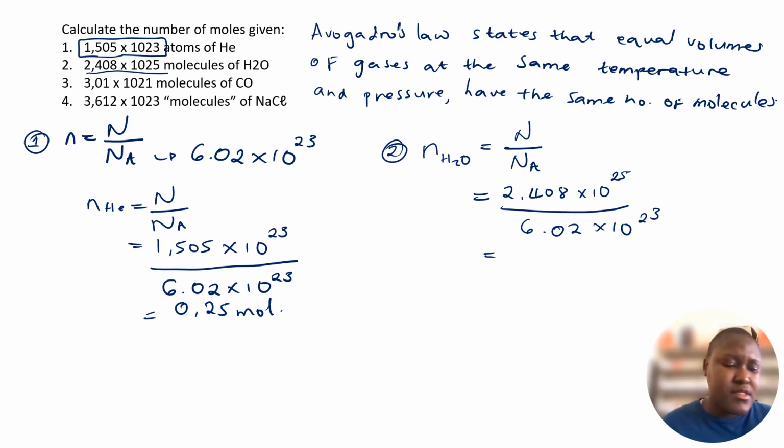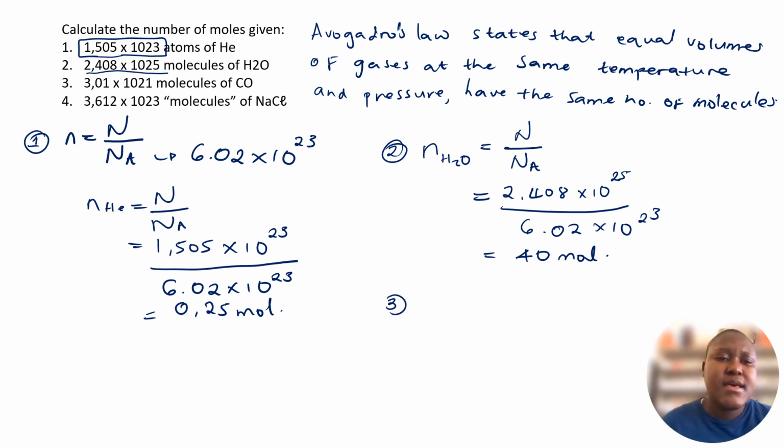Let me just work it out on the calculator real quickly. We say 2.408 exponent 25 divided by 6.02 exponent 23. You get 40. So that is 40 moles.